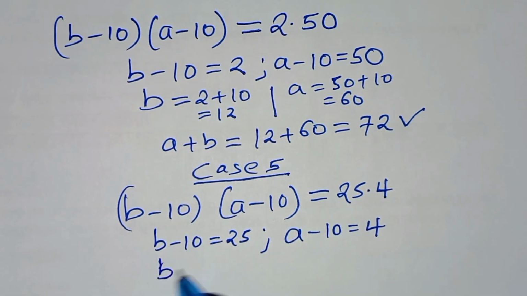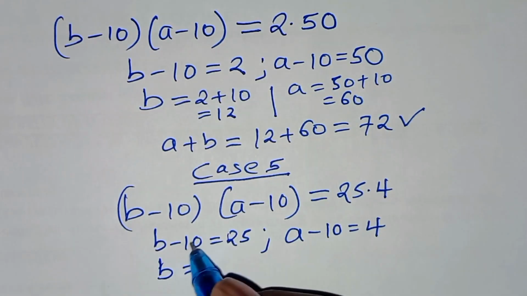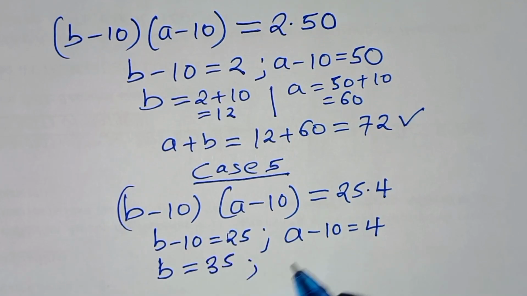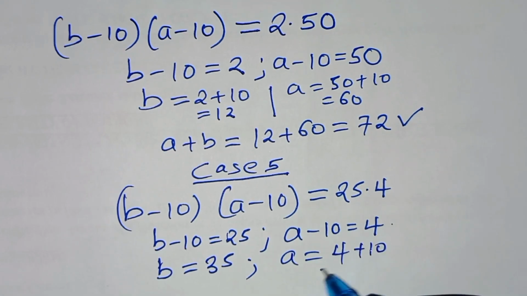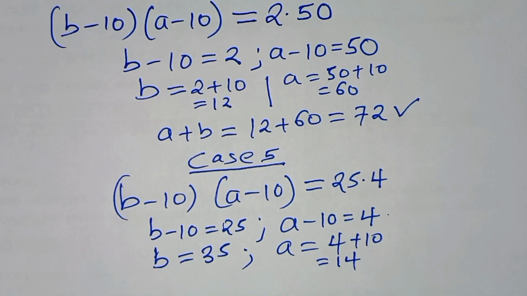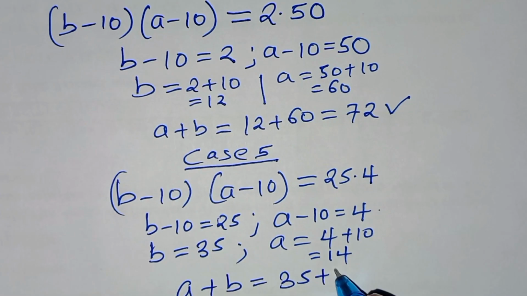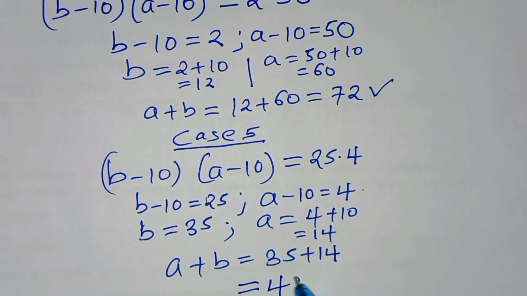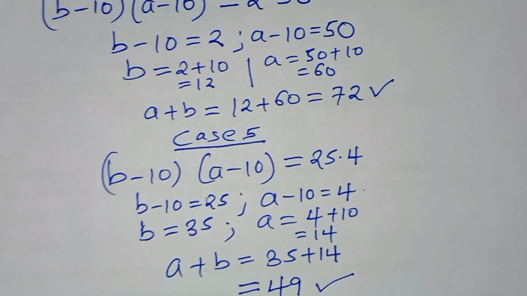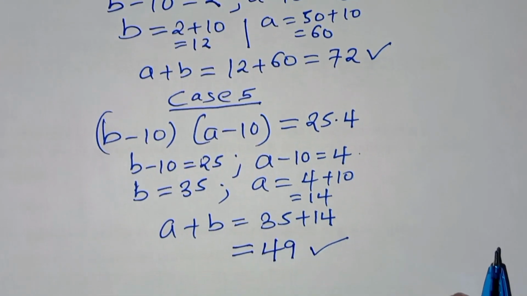So this implies that b will be equal to 25 plus 10, which is equal to 35, and a will be equal to 4 plus 10, which is equal to 14. So a plus b will be equal to 35 plus 14, which is equal to 49. So this is the solution to case 5.